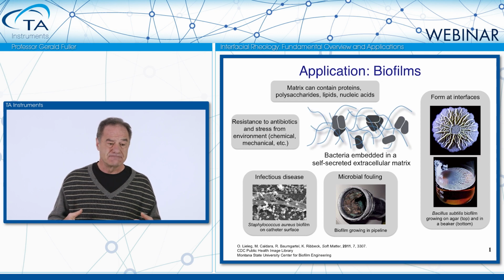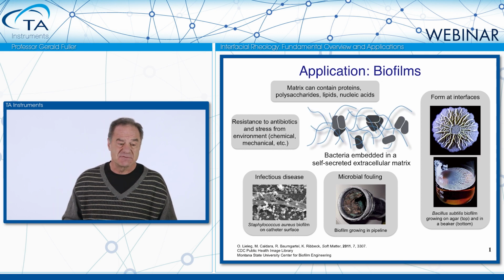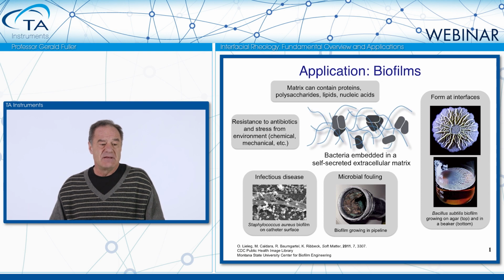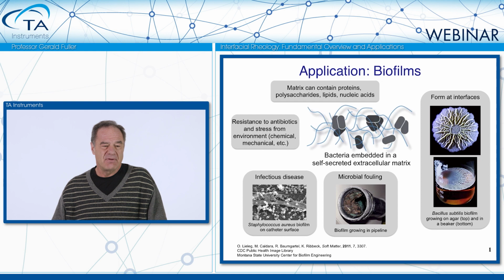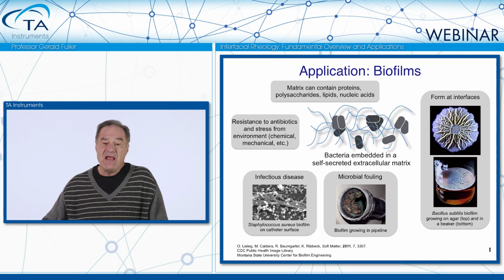And this protects the colony against external influences. They love to attach to surfaces, and so on the right you can see these wonderful morphologies that are either grown on a solid support in the upper picture, or below you can see it growing on the surface of a colony in an aqueous media and air.